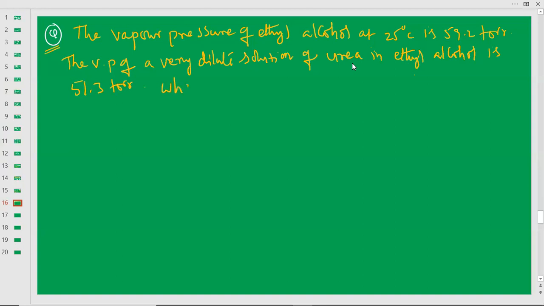And the question is, what is the molality of the solution?